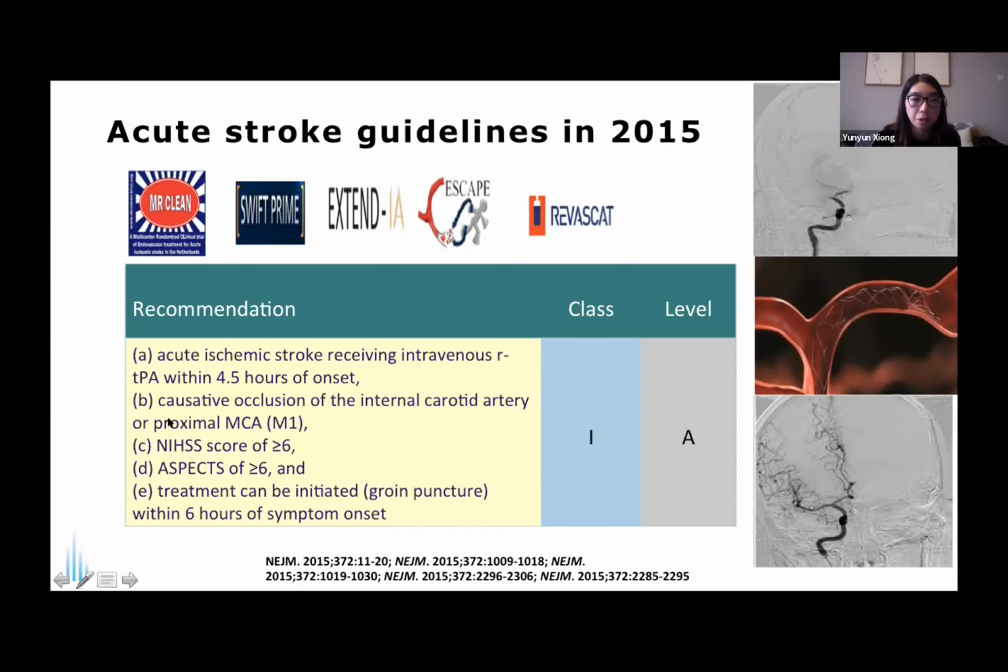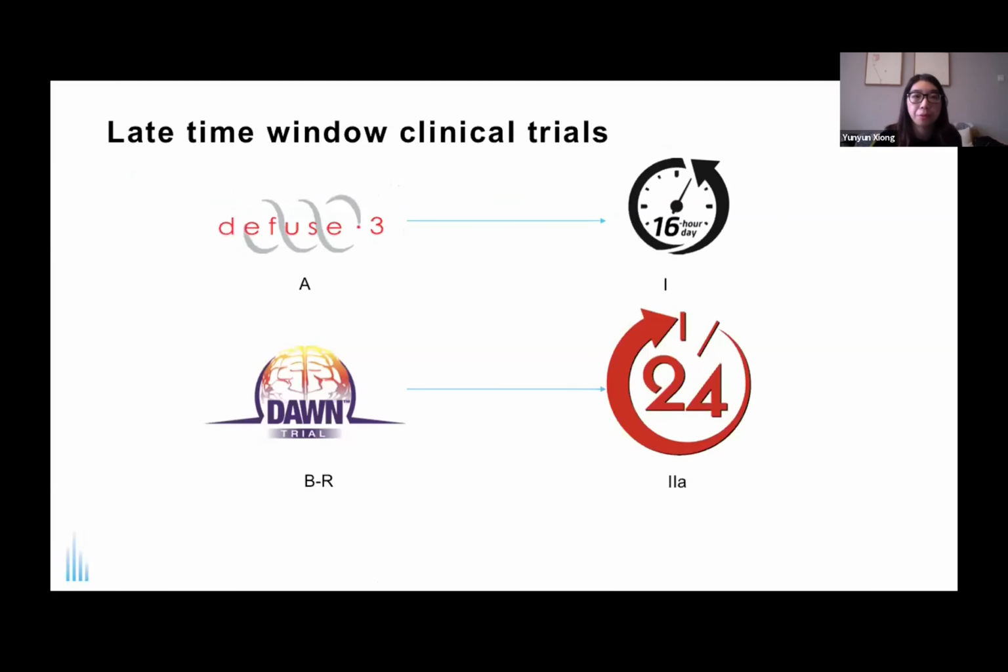If the patient had occlusion of the internal carotid artery or proximal middle cerebral artery, with an NIHSS score, the score defining stroke severity, of 6 or more, and treatment could be initiated within 6 hours of symptom onset, these patients should go for thrombectomy in order to improve reperfusion.